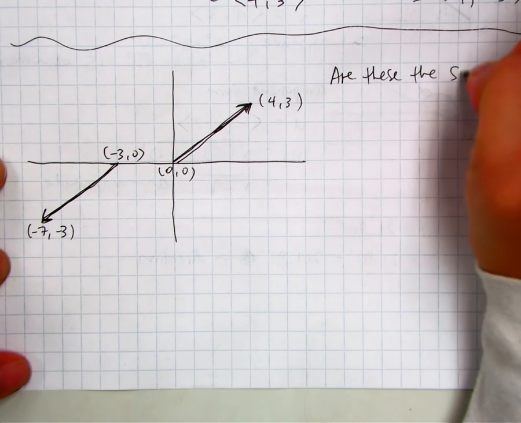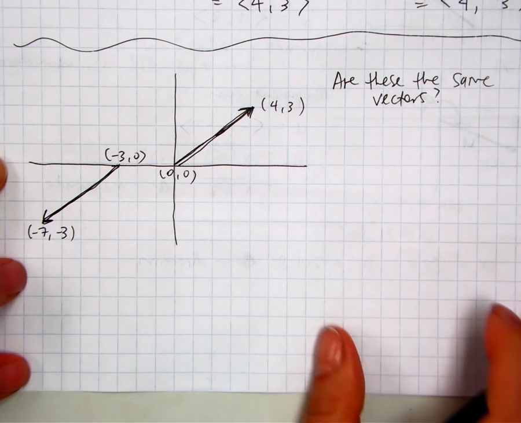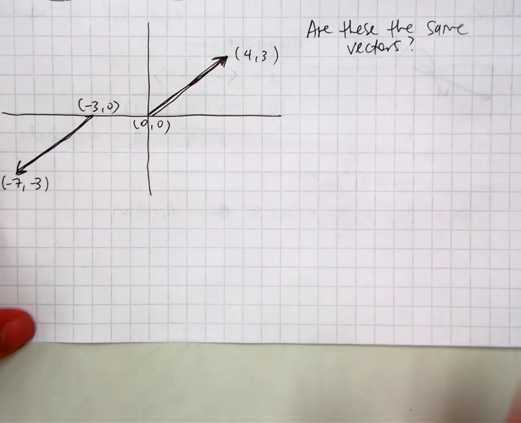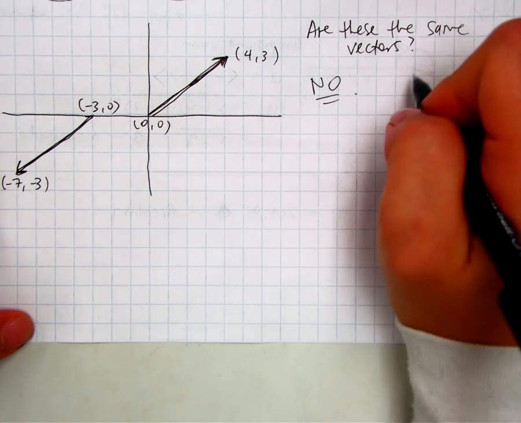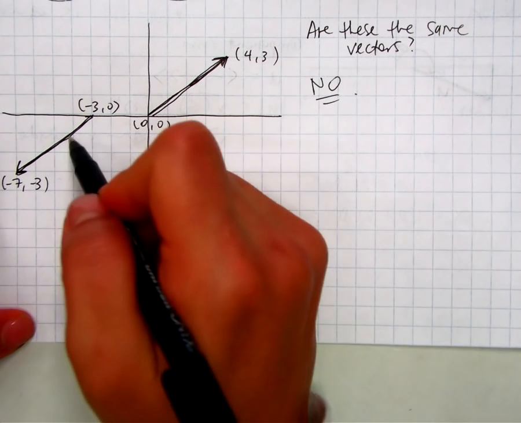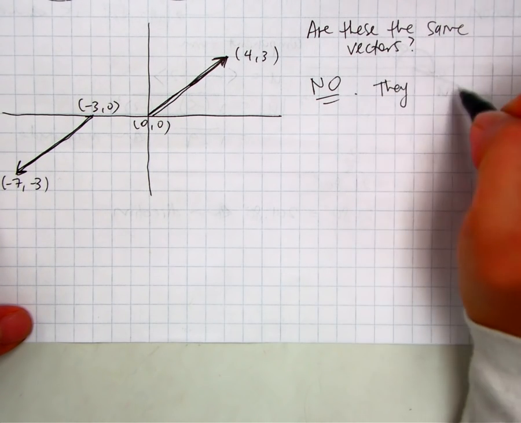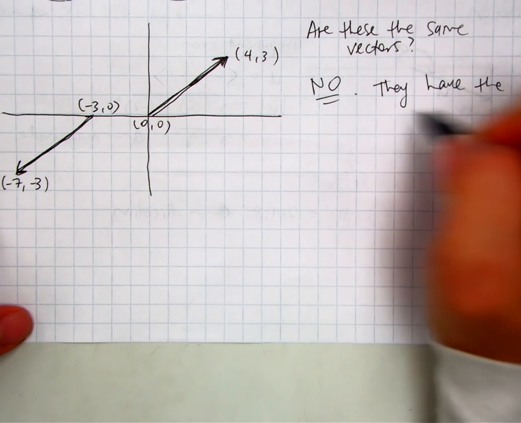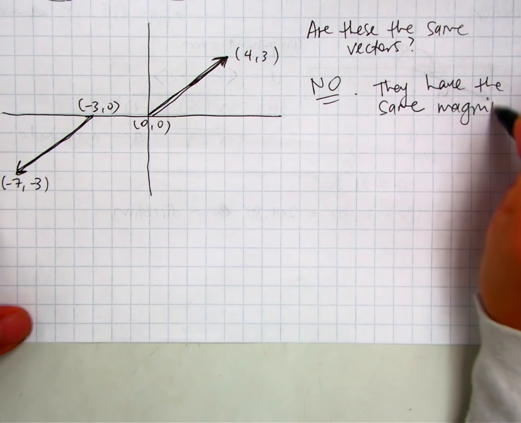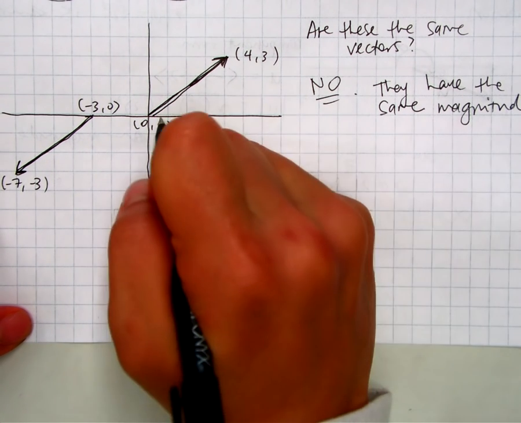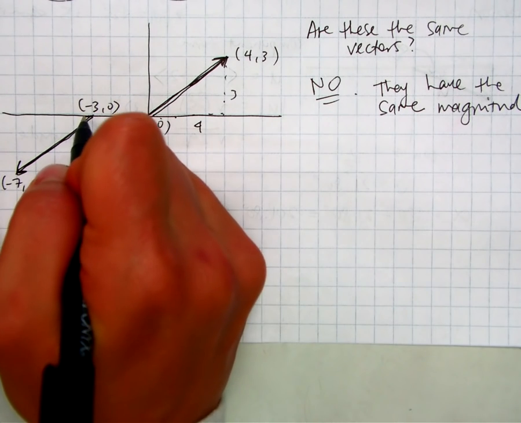Are these the same vectors? These vectors are definitely not the same. What do they have in common? They have the same magnitude because it's still 4 and 3, right?